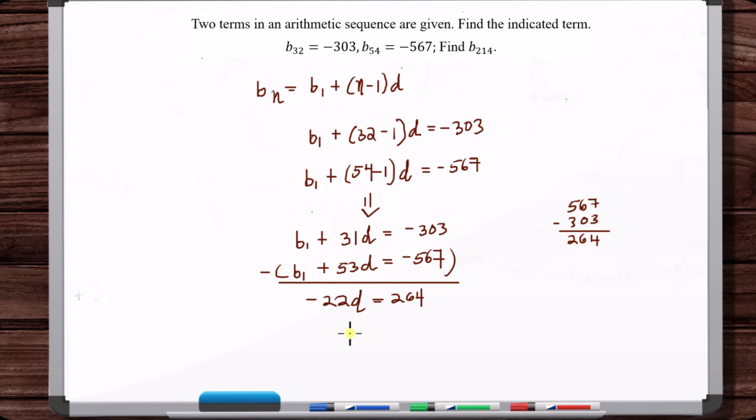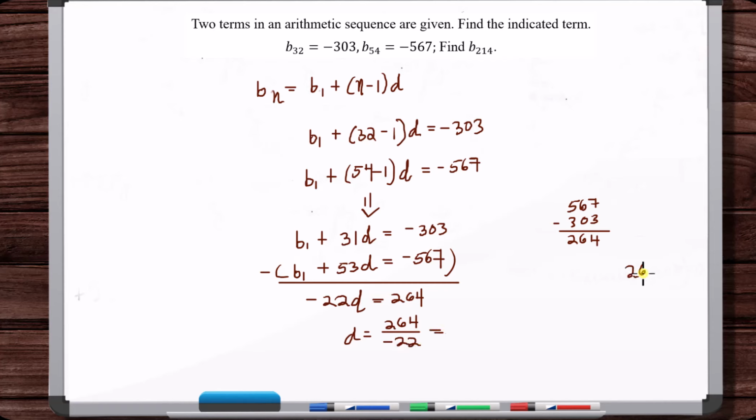So this means our d is going to be negative, which does make sense because when we go from n is equal to 32 to 54, we're getting more negative. So d is equal to 264 divided by minus 22.